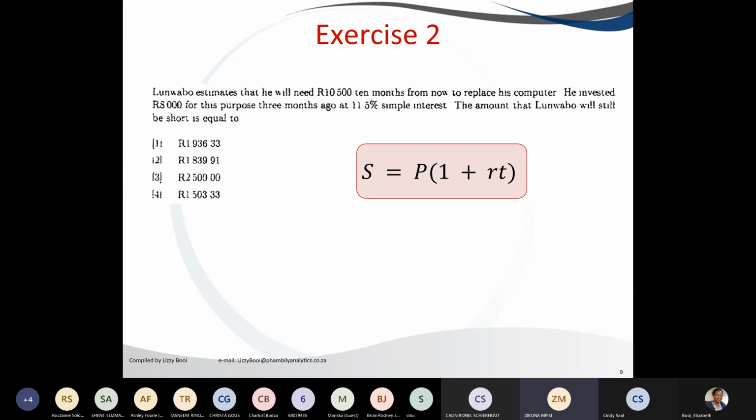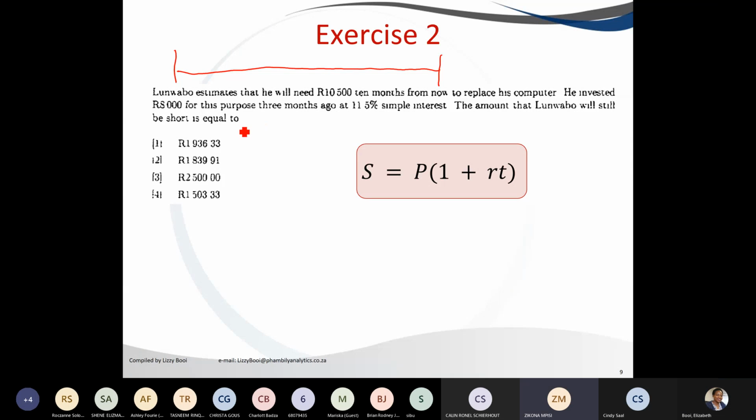So the 10,500 is a value that Lonwabo should have 10 months from now. But now there is an initial or principal value that is 8,000.